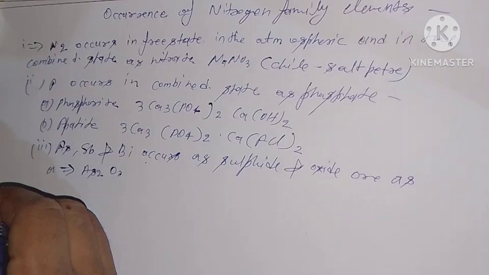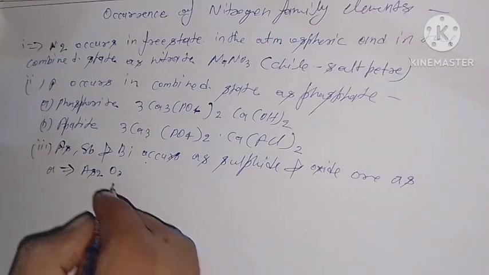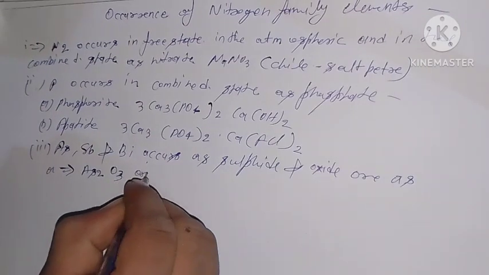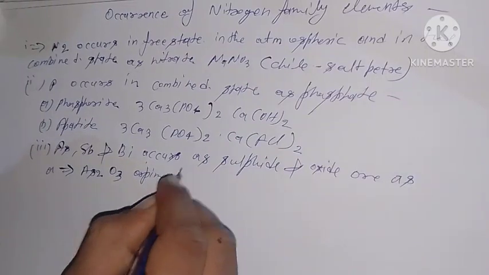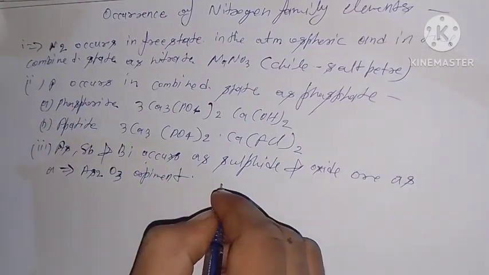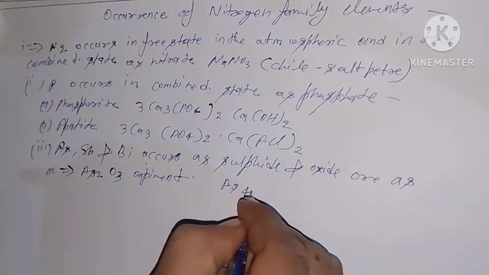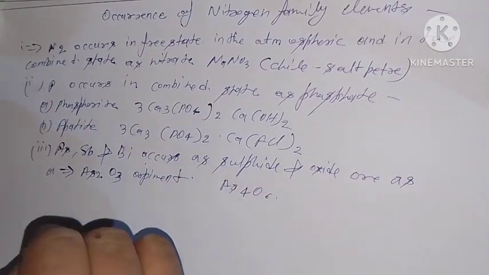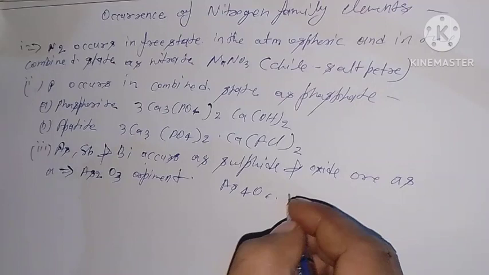A, As2O3, that is orpiment, and As4O6, that is arsenolite.